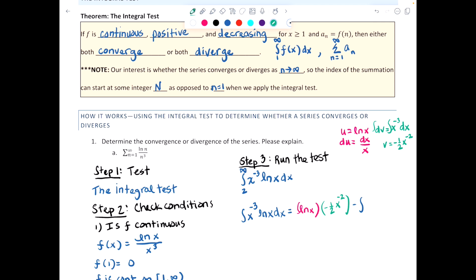So v is negative 1/2 x to the negative 2, and then our du was dx over x.